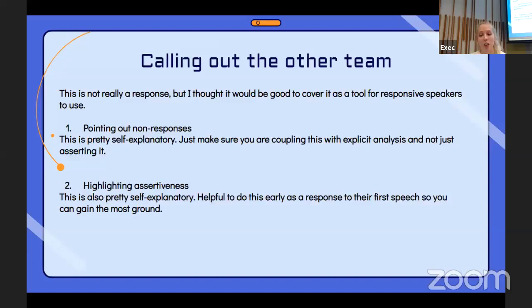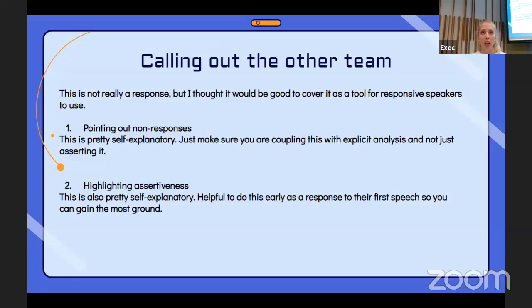The second thing that you can do to call out the other team is highlight assertiveness. This is also pretty self-explanatory. The first one is calling out where they've been bad in responding. This one is about calling out where they've been bad in their writing of their cases.